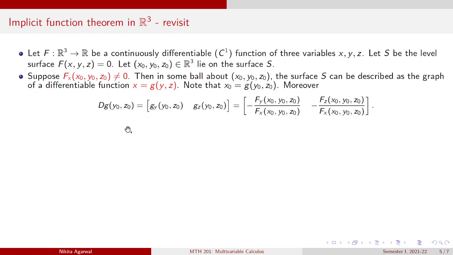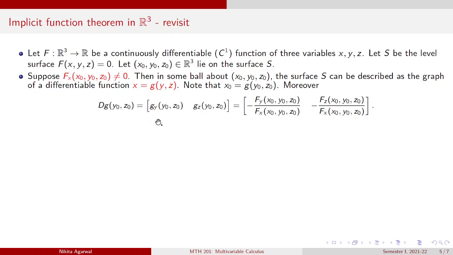Now g is a function of two variables, so it will have a derivative matrix, right? The derivative matrix will be a 1 cross 2 matrix because it's a function from R2 to R. The first entry would be the derivative of g with respect to y, and the second entry would be the derivative of g with respect to z.